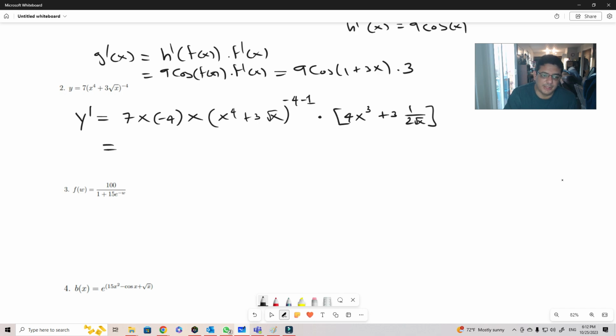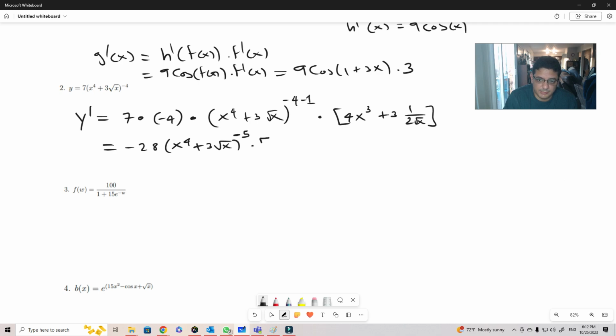And so simplifying this, this will be minus 28 times x to the 4 plus 3 square root of x, to the power minus 5. I'm using inconsistent notation. I should use a dot to do the multiplication so you don't get confused with the x.